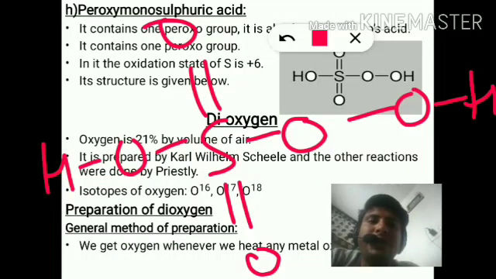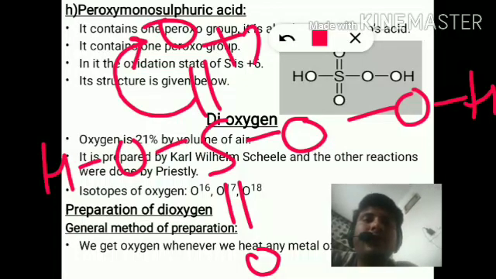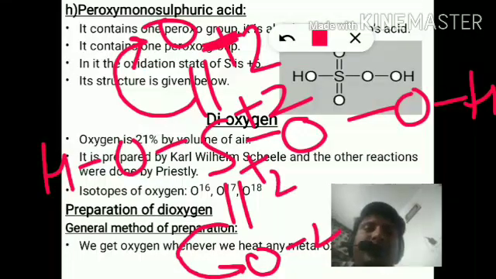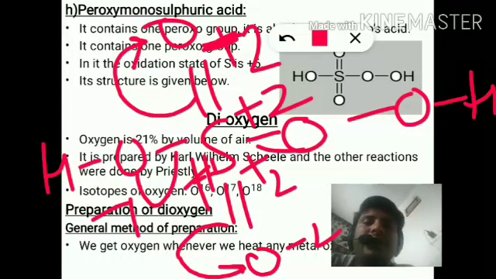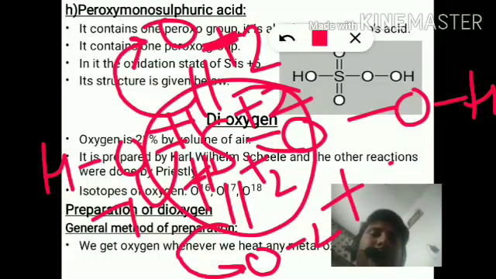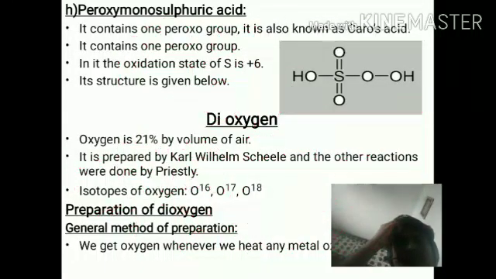Sulfur has a low electronegativity and oxygen has a high electronegativity, so oxygen gains 2 electrons and gets -2, and sulfur gets +2. Same process here: oxygen gets -2 and sulfur gets +2. In the case of the peroxo oxygen, each oxygen gets -1 and hydrogen gets +1. Again it gets +1 and -1. If you add these numbers, you will get the +6 oxidation state of sulfur in this molecule.